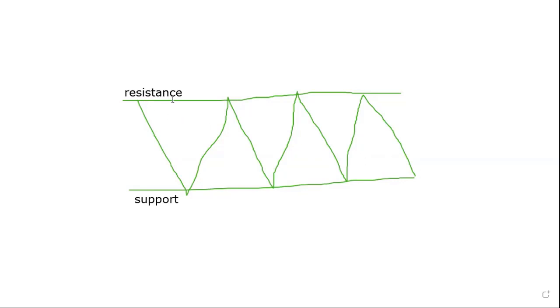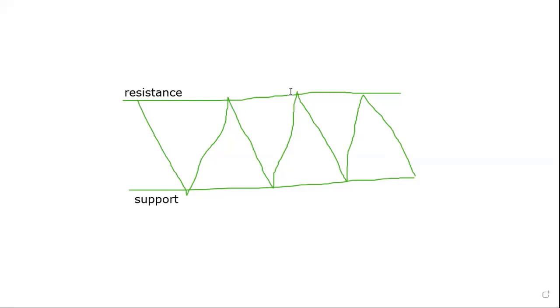Now look at resistance as the ceiling. Price just reaches the ceiling and then bounces off because there is just no room for it. Basically, the resistance or the ceiling is preventing it from continuing to the upside. So price comes to the resistance and it just bounces off, or it rejects this resistance zone and comes down.